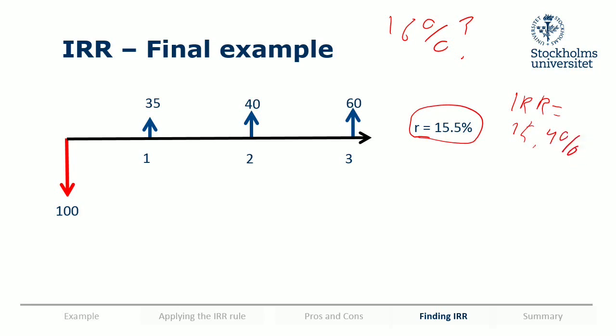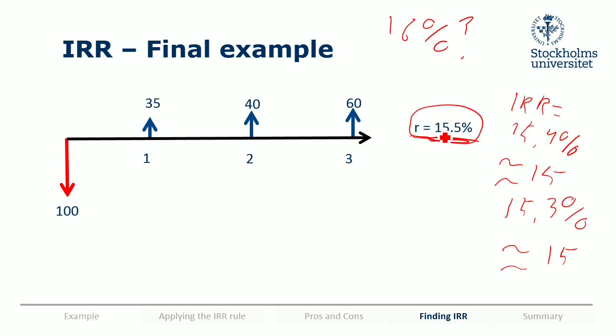What would that mean? It would mean that with 15.5%, NPV would be negative, and 15.4% would be rounded to approximately 15, because if it's 0.4, you round it down. If it's 15.3%, I would also round it to 15.